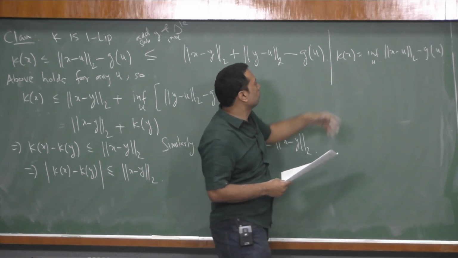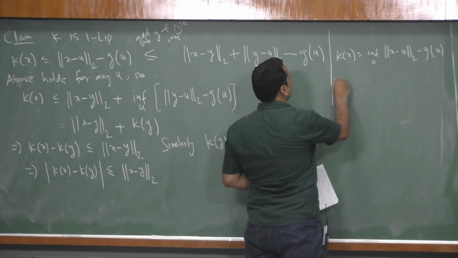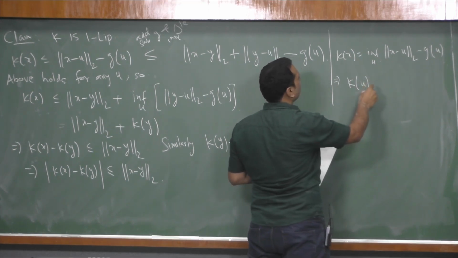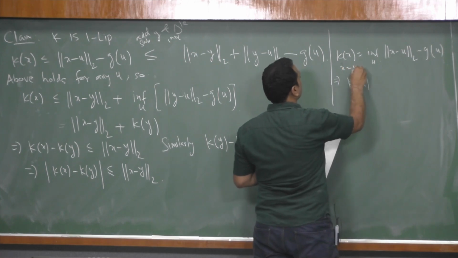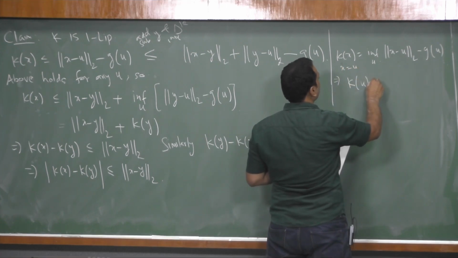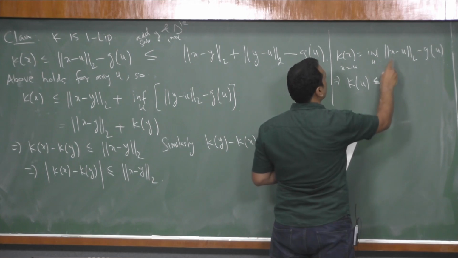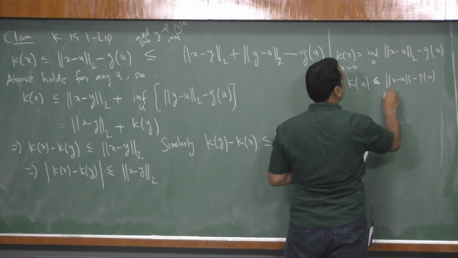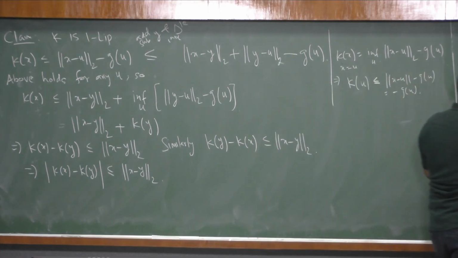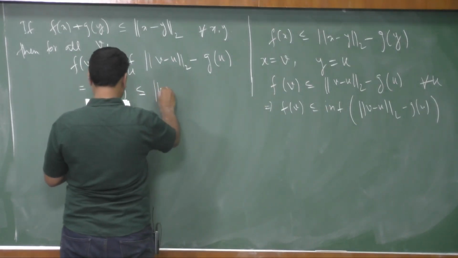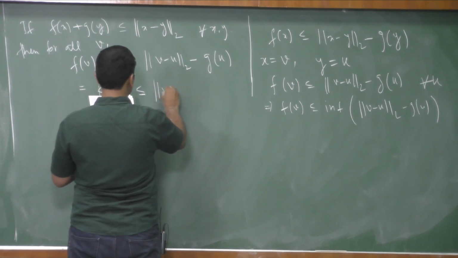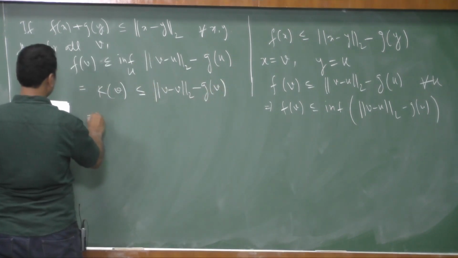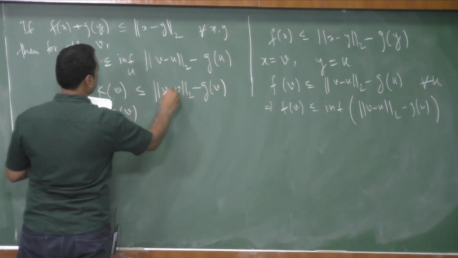Okay, so this implies ku. If I choose x to be u, then ku must be less than or equal to, so u minus u goes away, right? So this is less than or equal to the norm of v minus gv, so this is equal to minus gv because this goes away.